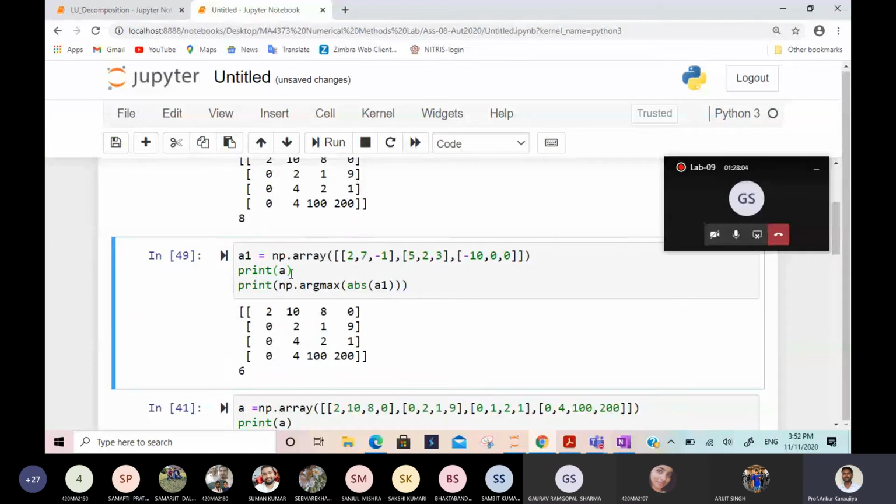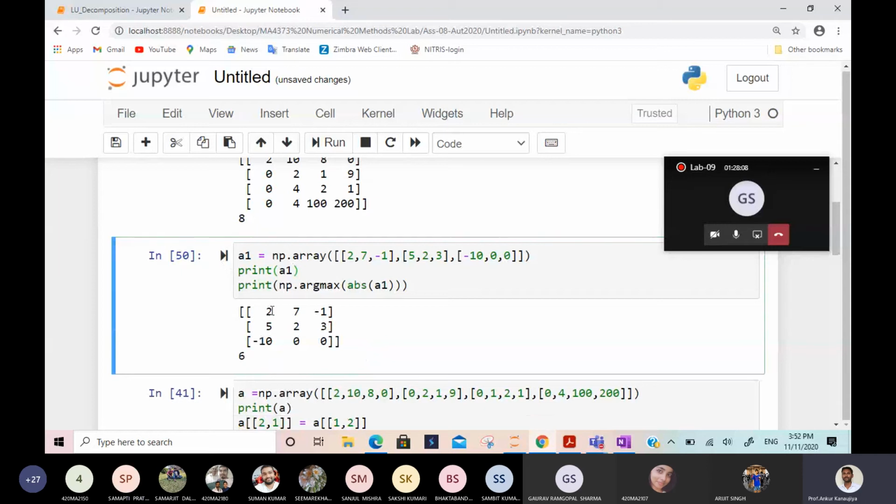See, this is the 0th entry according to this. This is first, second, third, fourth, fifth, 6, 7, 8. Like that it is counting. It is giving the correct answer, but we don't want this answer. We want row wise, which row and which column. Yes, sir.